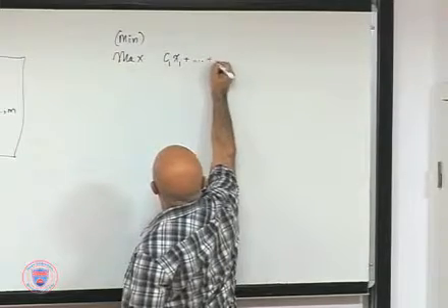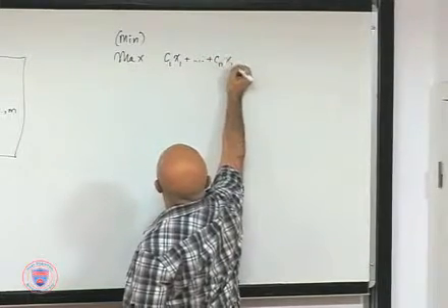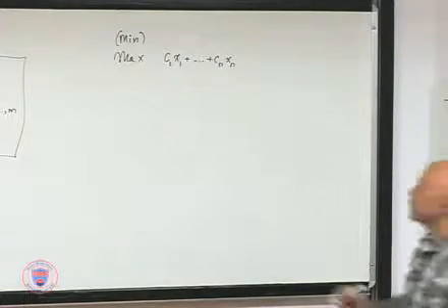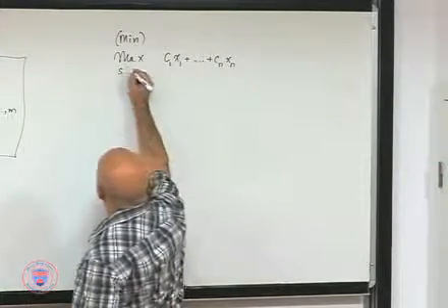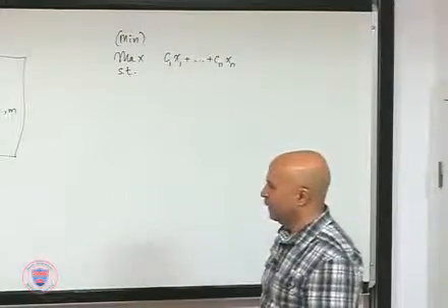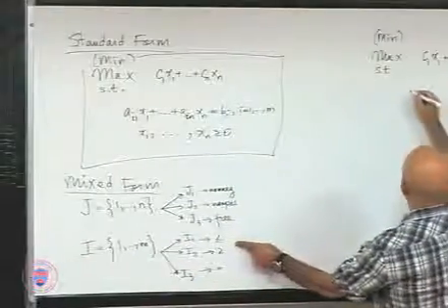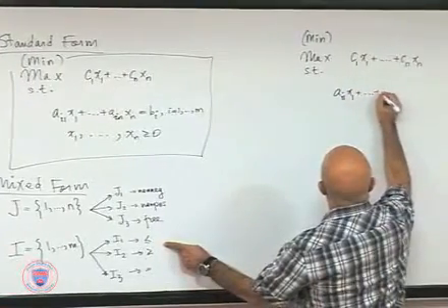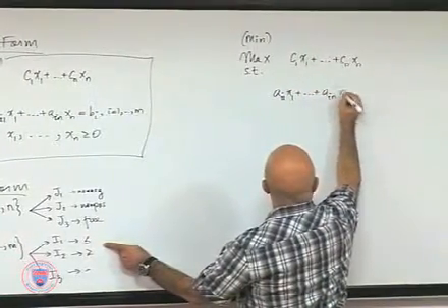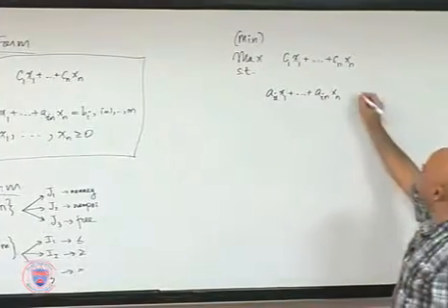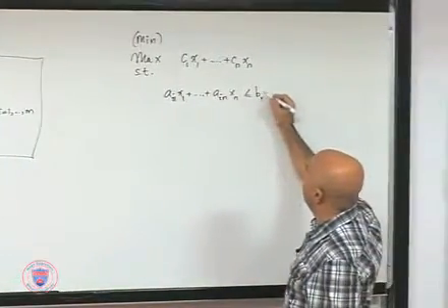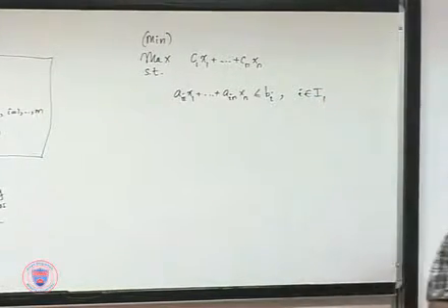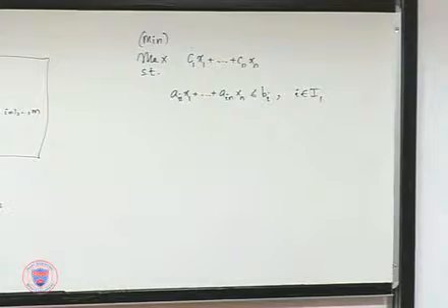C1x1 up to Cnxn is being maximized or minimized, subject to, we've got Ai1 x1 up to Ain xn less or equal bi for i in the functional constraint set I1.